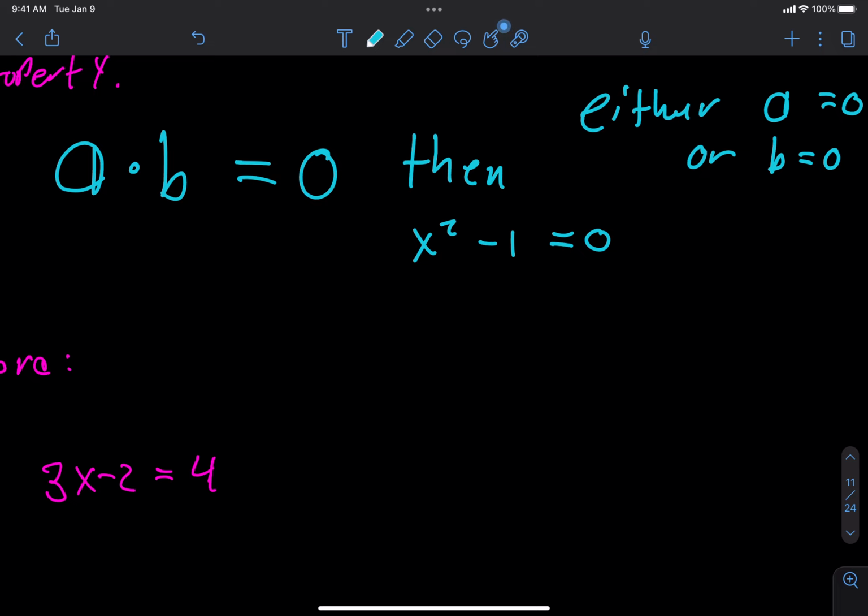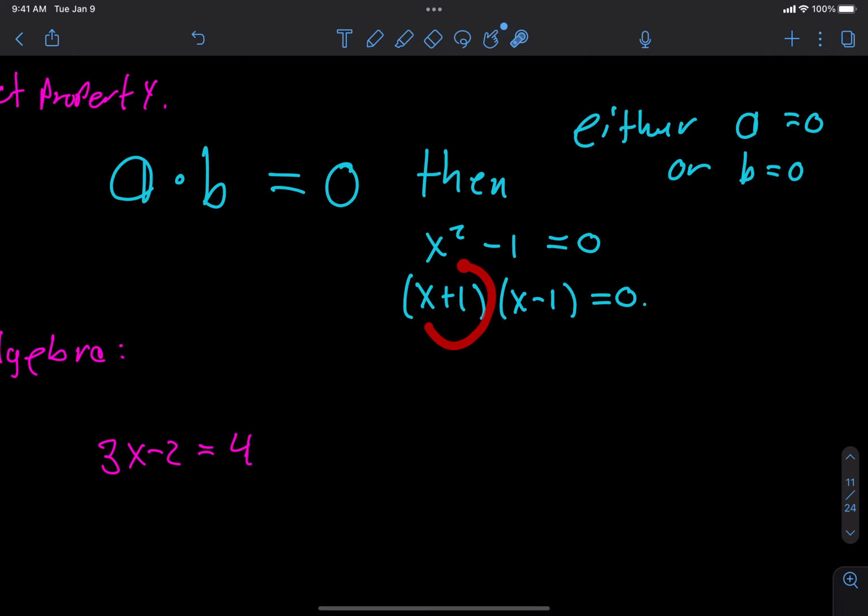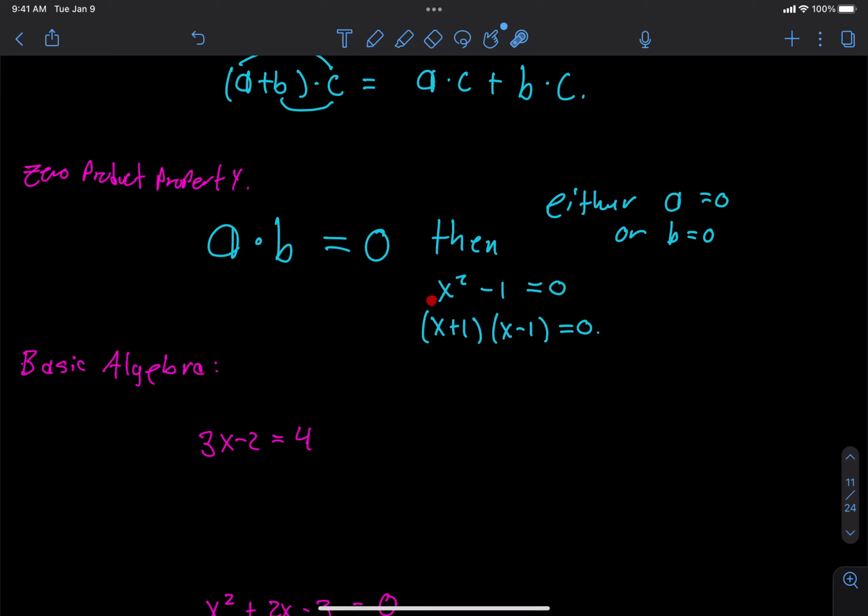I factor the left-hand side into x plus 1 and x minus 1 equals 0. And then what do you always do? You take each of these two factors and you set it equal to 0, right? But what you're using there is the zero product property. You're saying that this equation is equivalent to a product of two numbers. And if a product of two numbers is equal to 0, then one of those numbers must have been 0, which is why you then go ahead and set x plus 1 equals 0 and x minus 1 equals 0 by the zero product property.